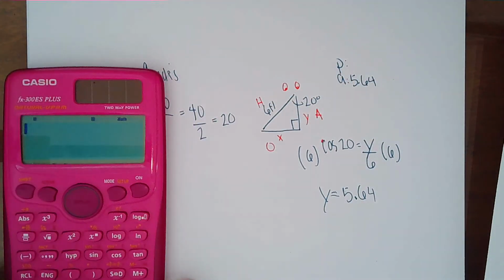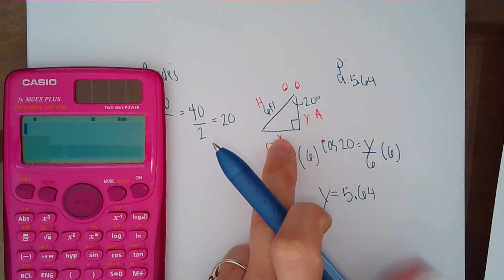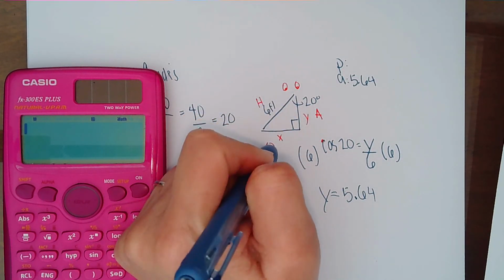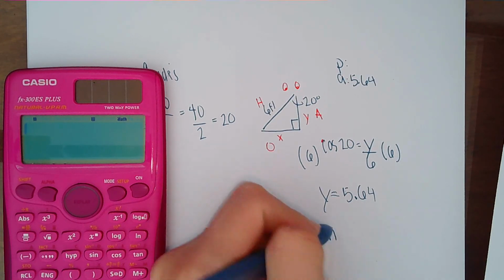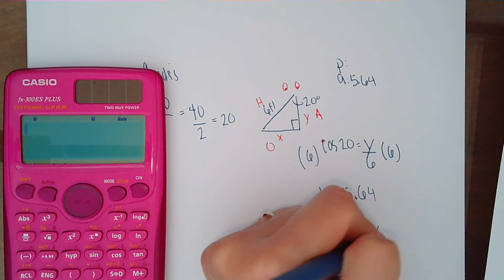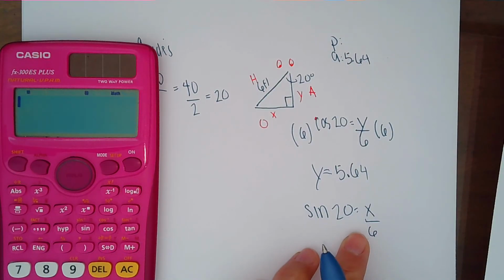And now we're going to figure out our side, or half of our side. So at this time, I'm going to use my hypotenuse and my O, so that's going to be sine of 20 equals my opposite, so x over my hypotenuse.